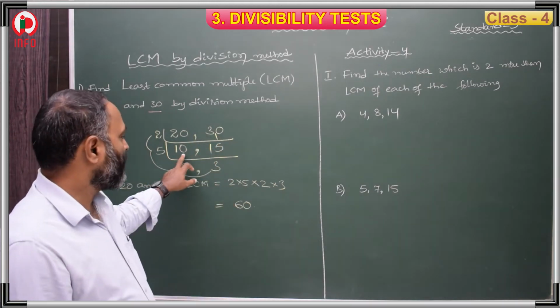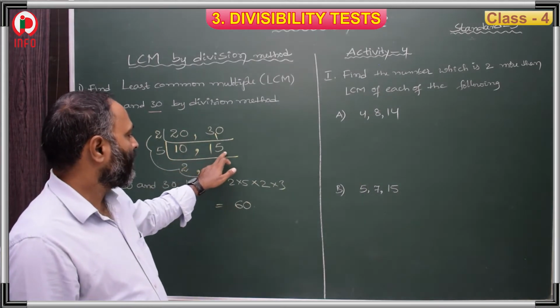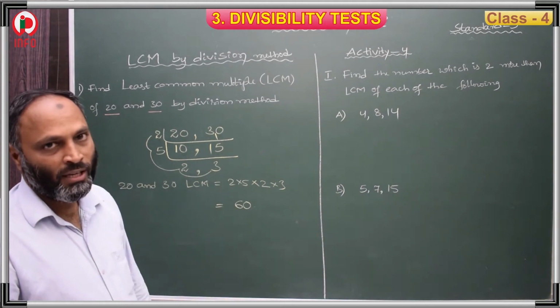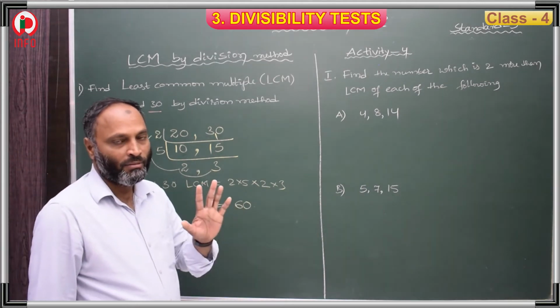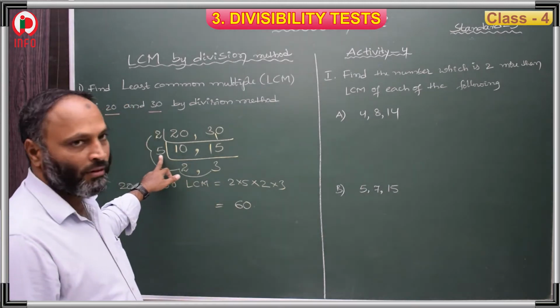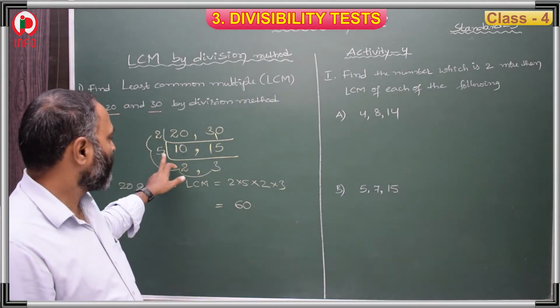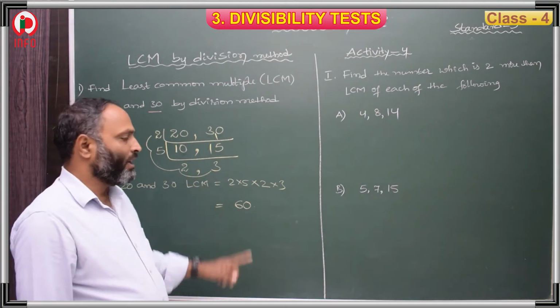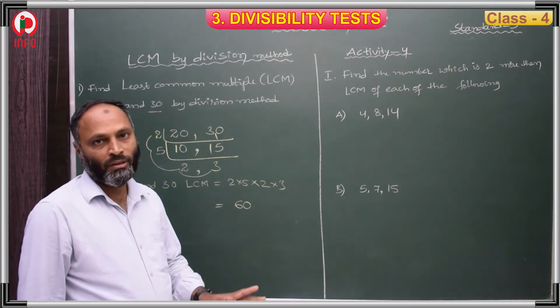Then after that, here the last place value is 0 and here the one's place is 5. If the one's place is 0 and the one's place is 5, they divide by the 5 table. So what is the common table? They will divide by 5. 5 2s are 10, 5 3s are 15. Now here 2 and 3 are left. 2 and 3 are both prime numbers.